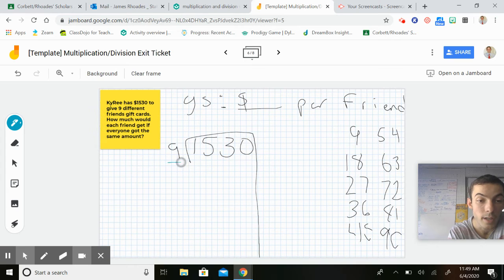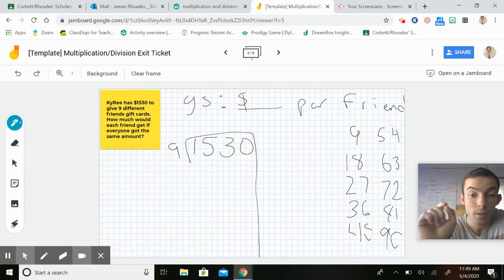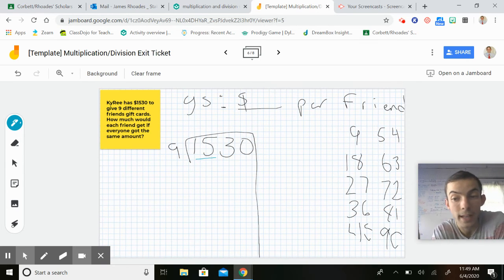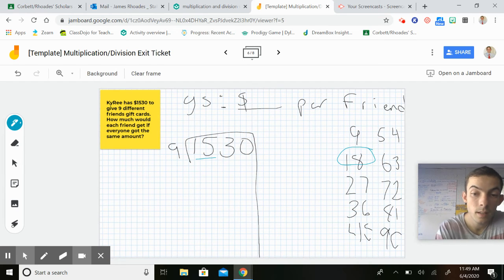to use this divisor here, this 9, to get as close as possible to the first 2 digits, which are 15. How many times can 9 go into 15? I often ask, how many times can I fit a group of 9 kids into 15 chairs? Can't do it more than one time. 18 is too many, so it has to be 9.